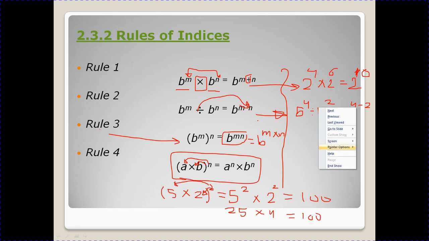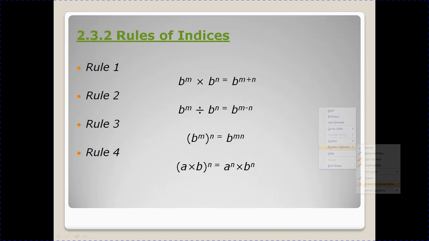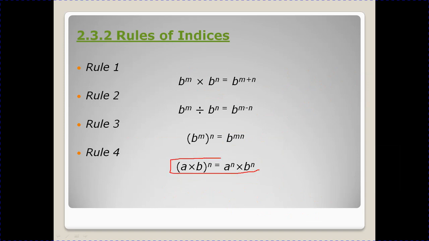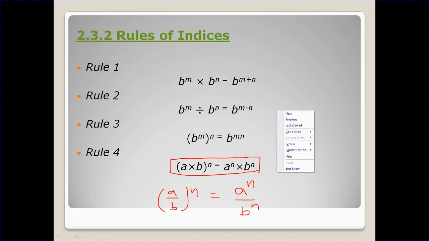By the way, we are using this in case of multiplication, but it is also true in case of division. I mean, if you have a over b, all to the power n, then it is also a to the power n divided by b to the power n. So you can use it in case of multiplication as well as division.